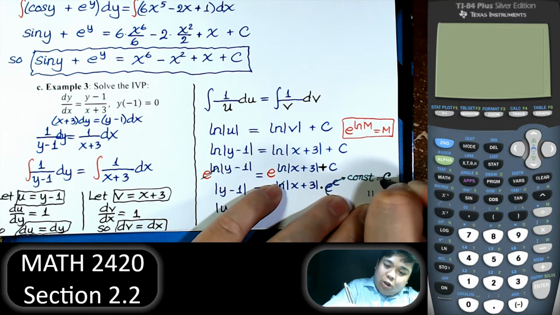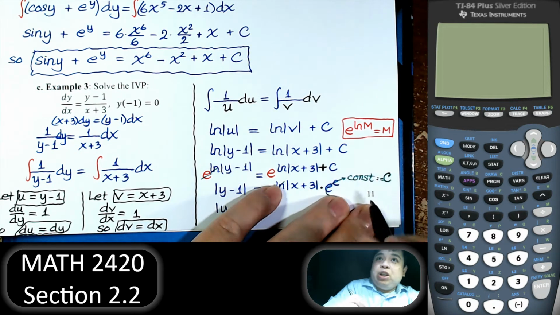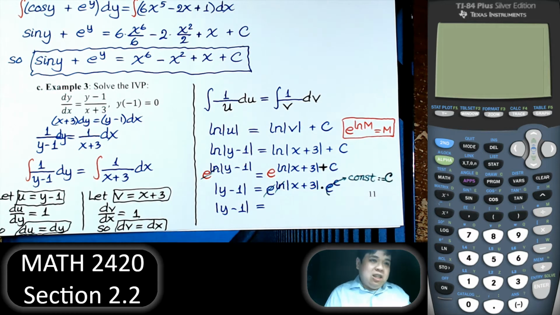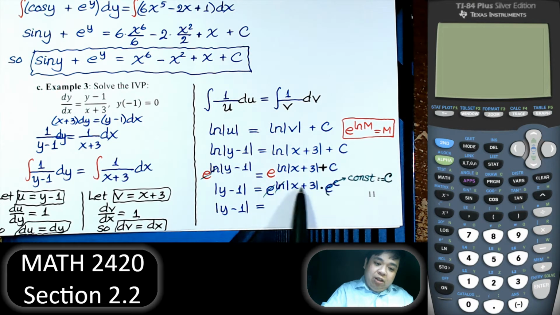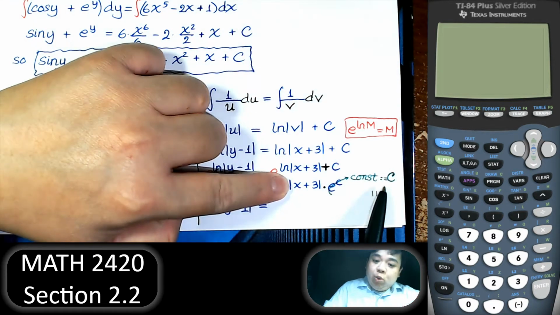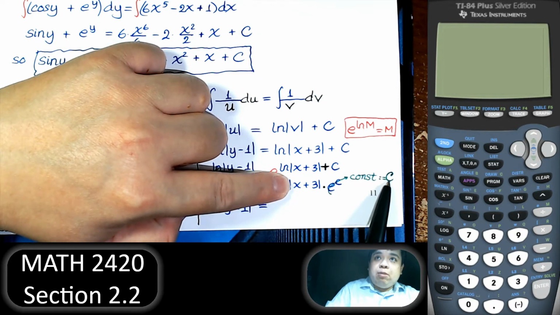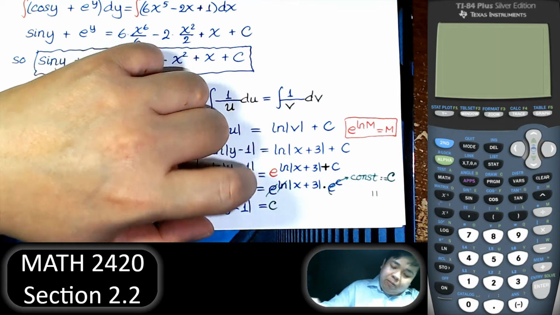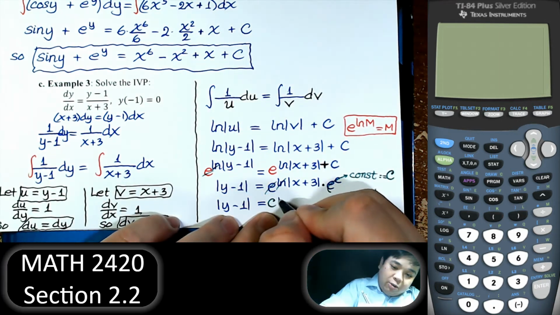I usually use the colon equal, meaning we make that equal to something. It's not just equal to, we make it equal to c. So that will be c times everything, and e and ln cancel out too. We just have the absolute value of x plus 3 times the constant c.